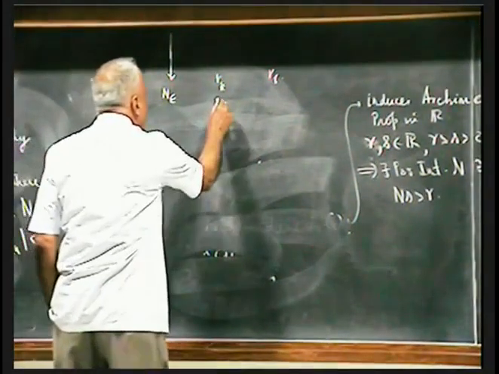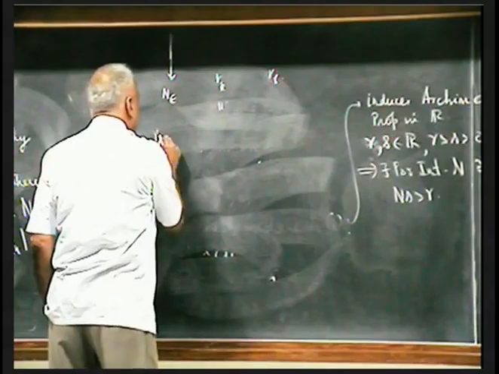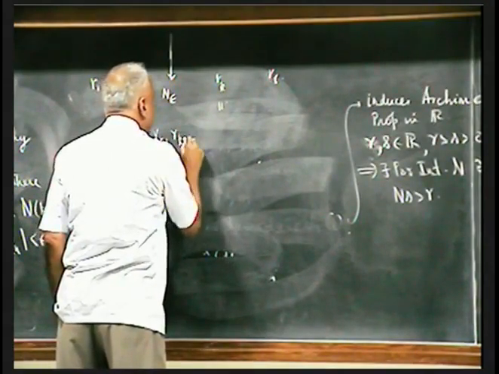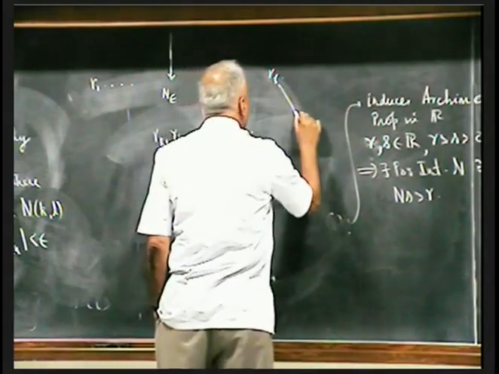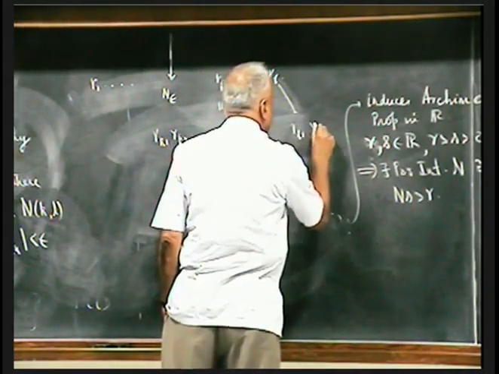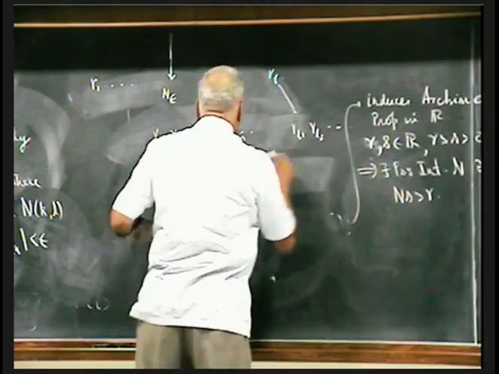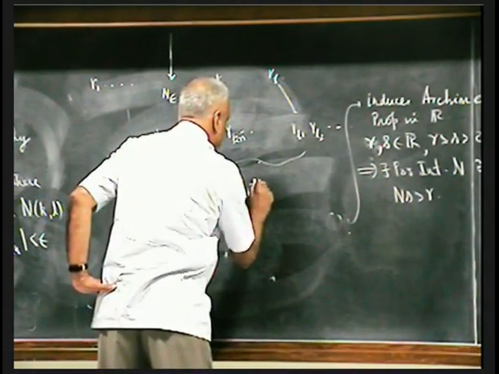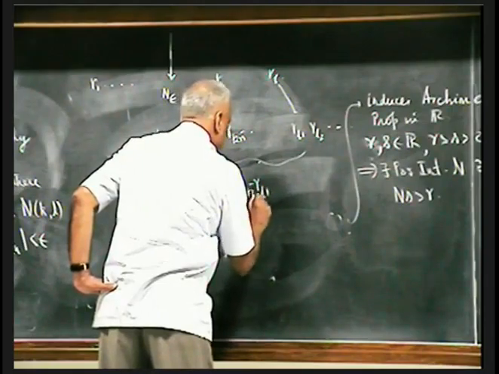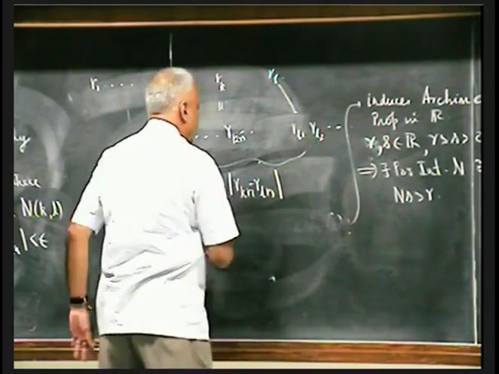Now I am going to write the sequence corresponding to this, Rk1, Rk2, etc., Rkn, and then the sequence corresponding to this. Then take the difference which is Rk1 minus Rl1 and in general this.